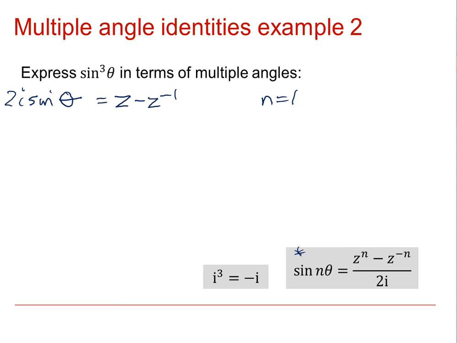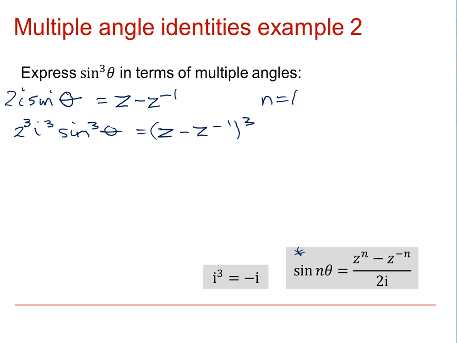If I raise that to the power of 3, I would have 2 cubed i cubed sine cubed theta equal to z minus z to the minus 1, all cubed.